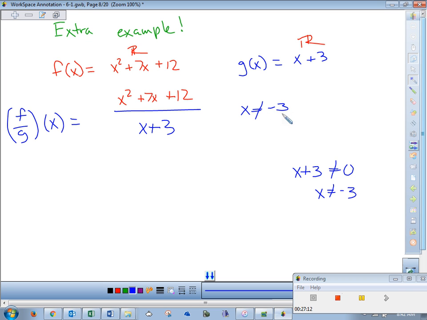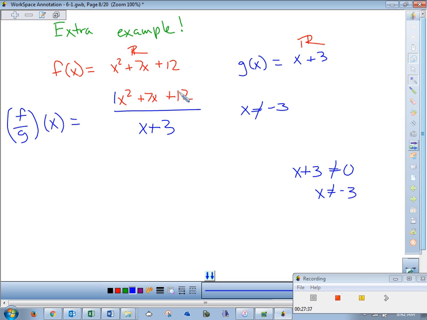The part that you won't like is, okay, now I've got to simplify this. That top guy can factor. Factor that top guy with your pal. There is no GCF that can come out. This is not a perfect square trinomial because 12 is not a perfect square, but the a value is 1, right?